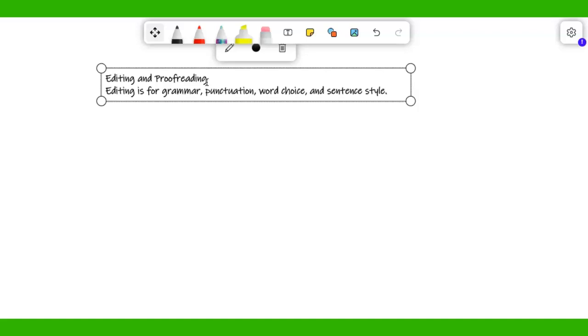Editing is more for, as I said, grammar, punctuation, word choice, and sentence style. If you notice you're a person who really likes a lot of simple sentences, then that's one thing you focus on when you are in your editing phase. You say, well, I'm not going to have so many simple sentences. I'm going to combine some of them together and make compound sentences. You make sure of that.